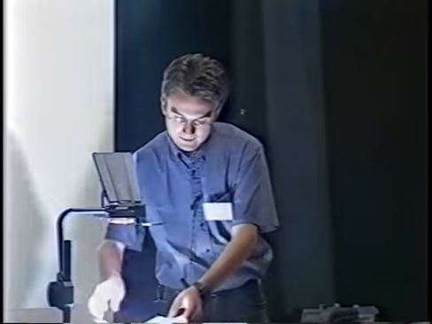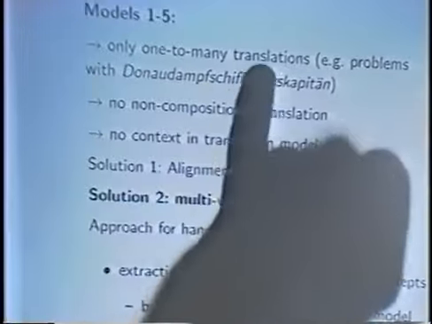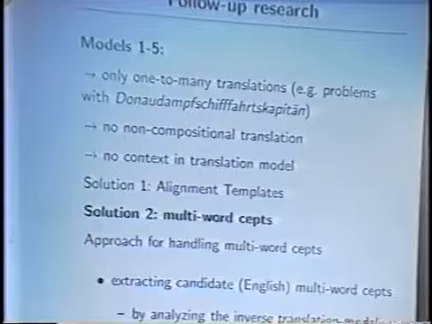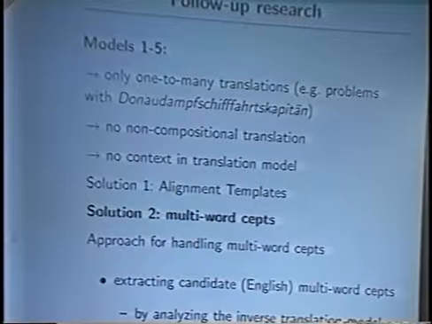So it's important, or I claim it's important, to include somehow phrases or sequences of words in the translation model. The restriction of the IBM models is that it's only one-to-many translations. It's not possible to make non-compositional translation, and there is no context in the translation model.